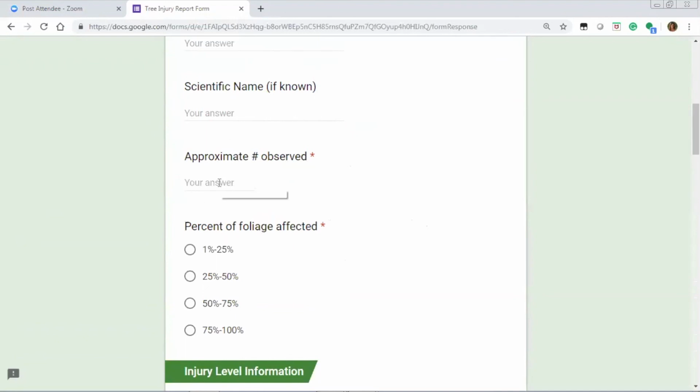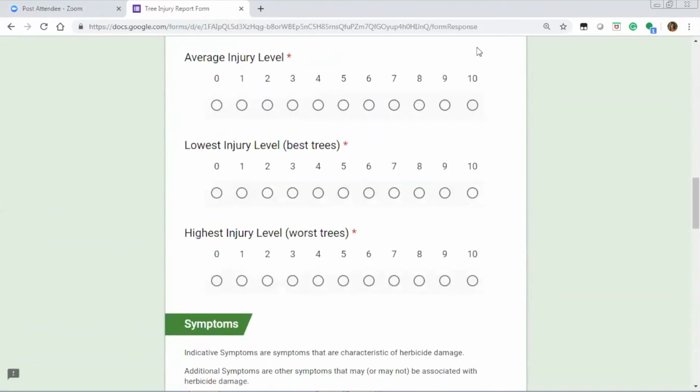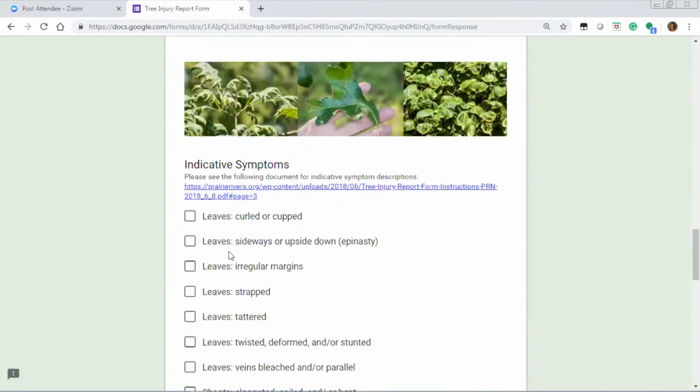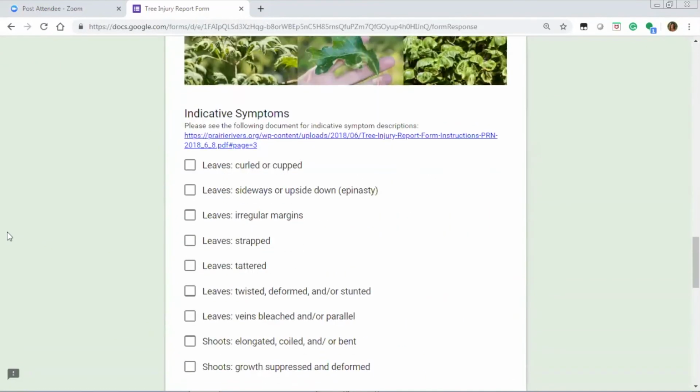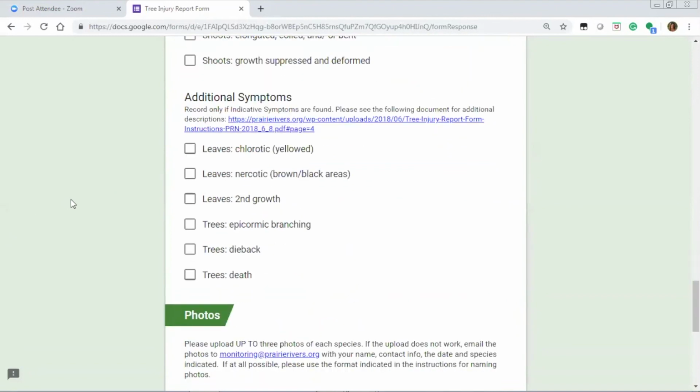She observed 7 rough leaf dogwoods, and the average injury of the foliage was 75 to 100%. Injury level was at a 7, with the lowest injury level being a 7 and the highest injury level also being a 7. So pretty consistent. Leaves were cupped and curled, and that is the only indicative symptom she listed.